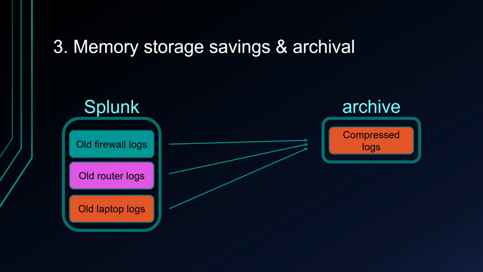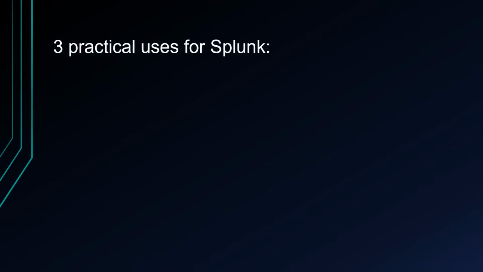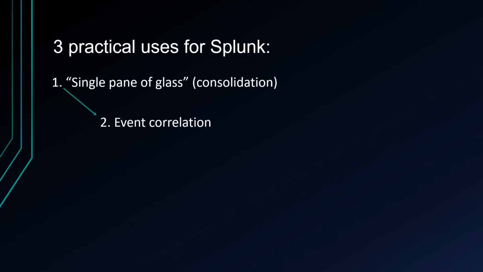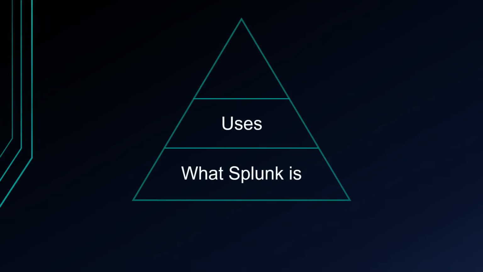You're just squeezing those files down in size so you can fit a lot more of them on the hardware. Okay, so that covers the three main practical uses for Splunk: consolidation, event correlation, and memory storage savings and archival. So that breaks down for us what Splunk is, and we also went over some practical uses for Splunk in an enterprise network.